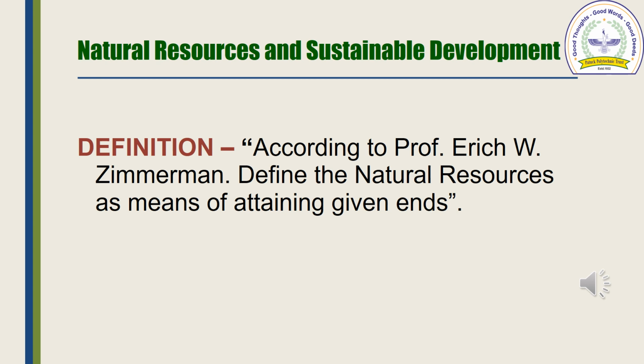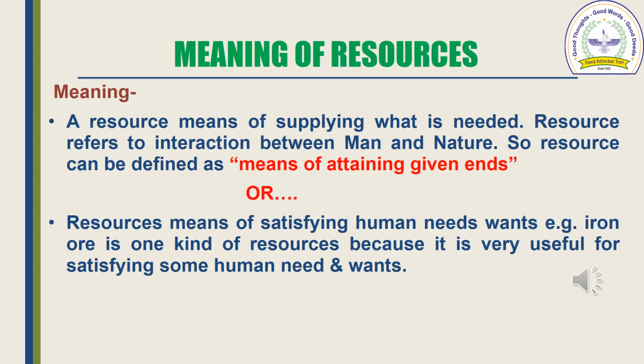According to Professor Eric W. Zimmerman, natural resources are defined as means of attaining given ends. Meaning of resources: a resource means of supplying what is needed. Resource refers to interaction between man and nature.